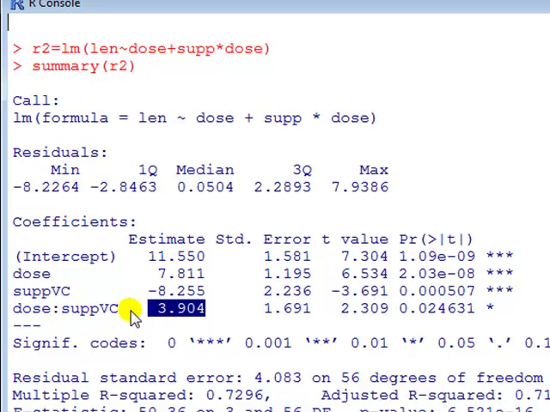It tells me that since VC has been coded 1, for a unit increase in dose, the impact on the length for VC will be 3.9 higher compared to a unit increase in dose for OJ. Okay, so you can see it's like an additional impact on length if you take VC rather than OJ, which is the thing that's coded 0.